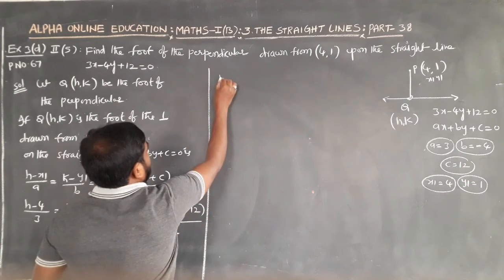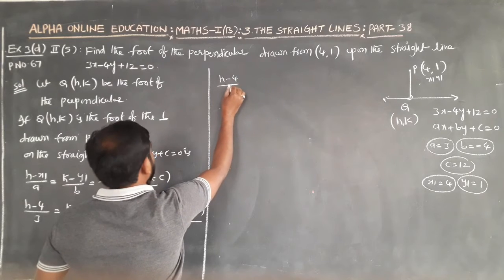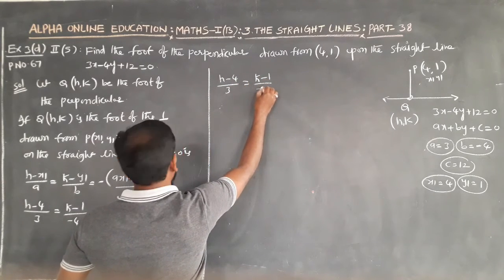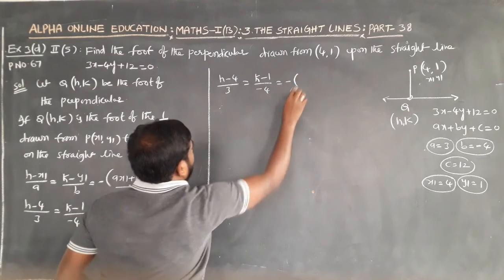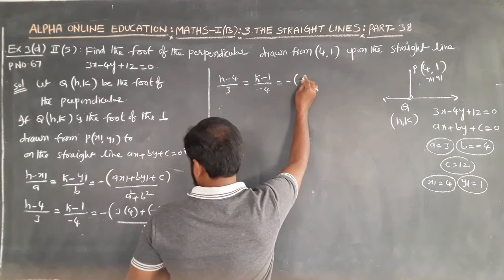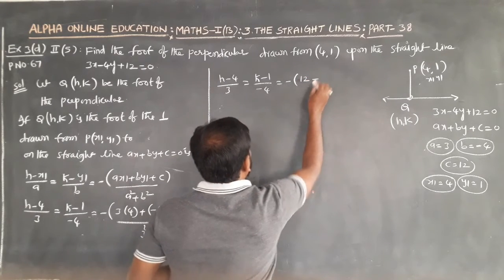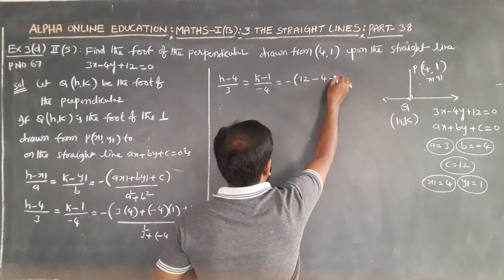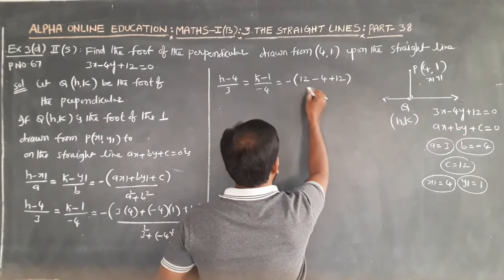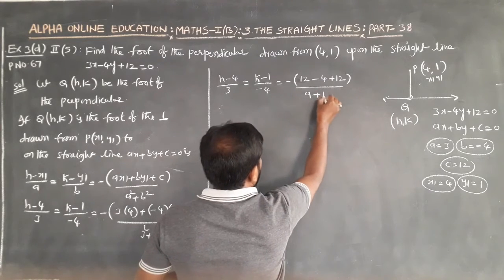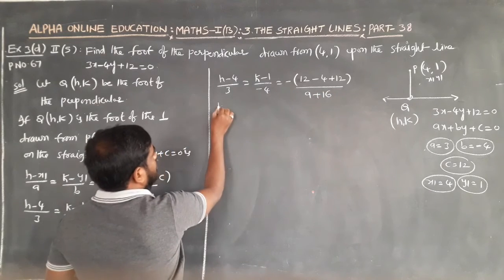(h minus 4) by 3 is equal to (k minus 1) by minus 4 is equal to minus of (3 fours are 12, minus 4 into 1 is minus 4, plus 12) whole divided by (3 square 9, 4 square 16).